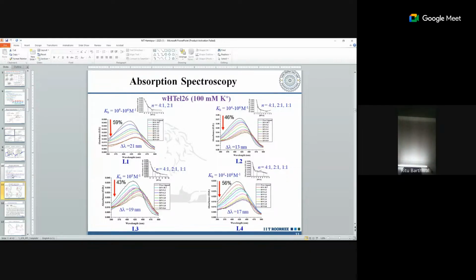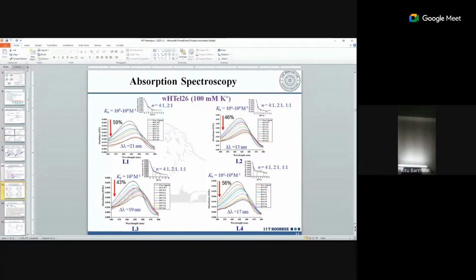So our calculation and analysis becomes easier. Otherwise, we have absorption throughout the range. But at 260 nm, DNA will also contribute, and the ligand will also contribute, because the ligand has an anthraquinone ring. But at 400, 480, 500, 600 nanometer, only the drug ligand contributes.